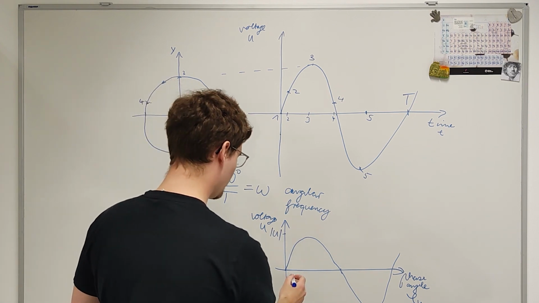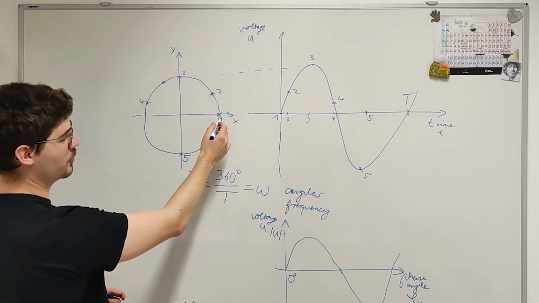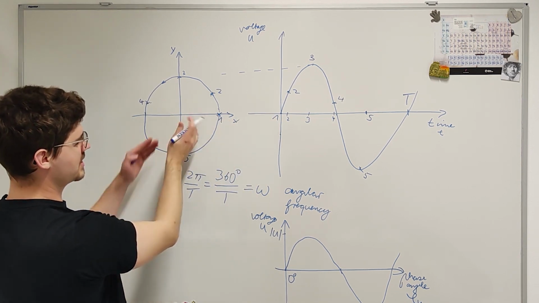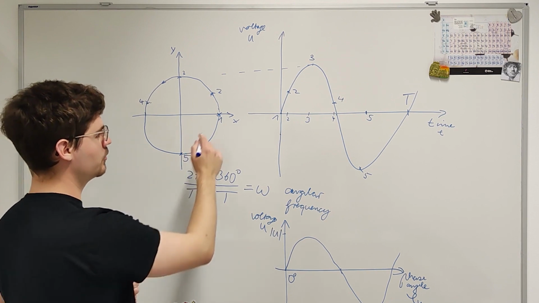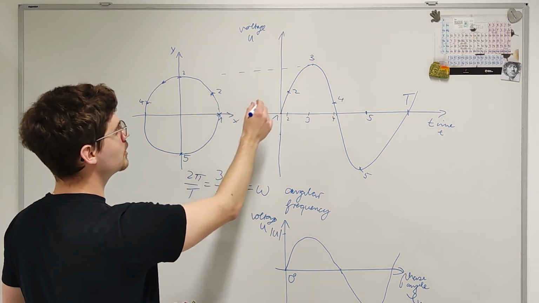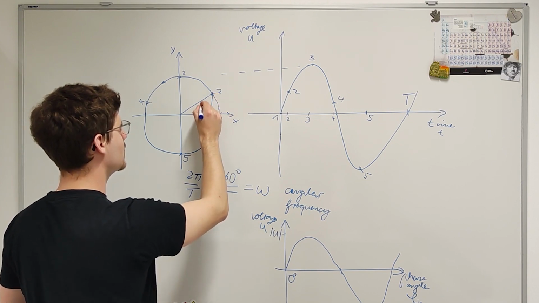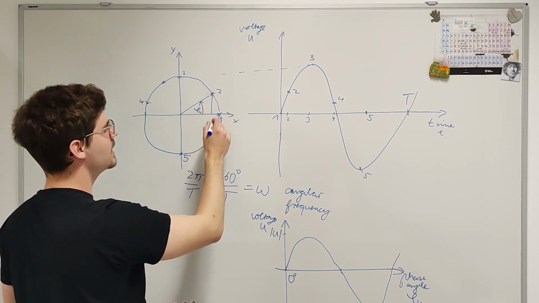We begin by 0 degrees. If we recall, point number 1 here is at a phase angle of 0 degrees. It's on the x-axis. And if we go towards point number 2 in this case, the phase angle that we have here, phi u, it's rising.